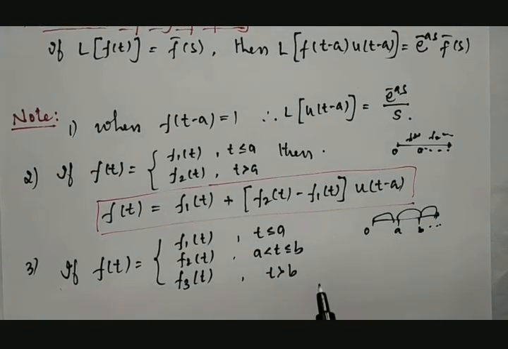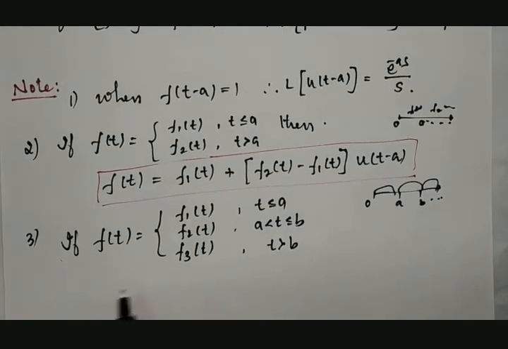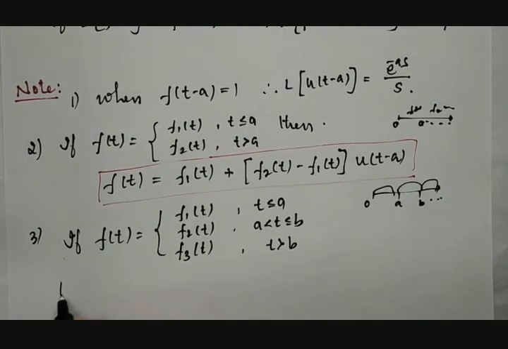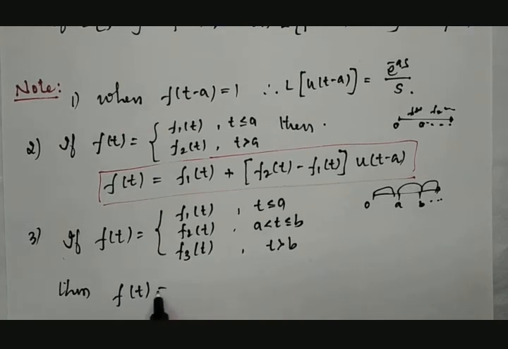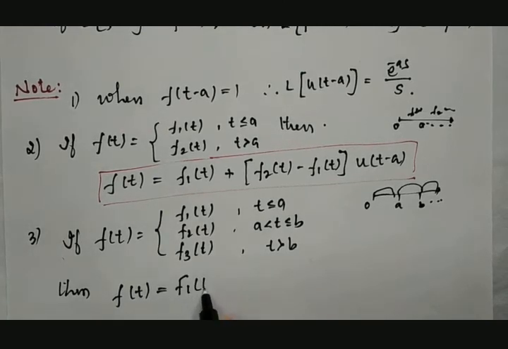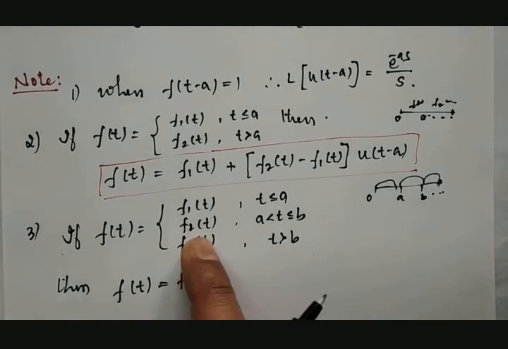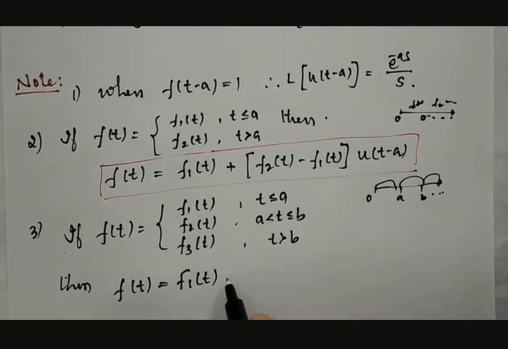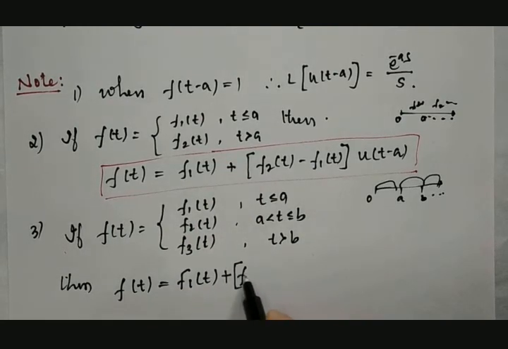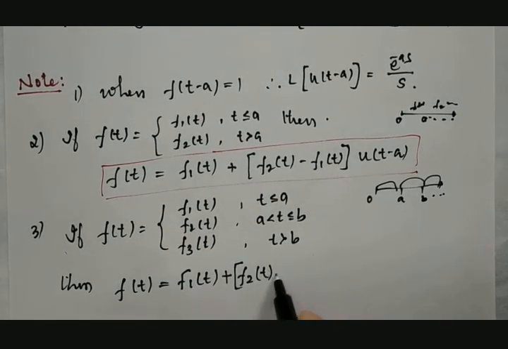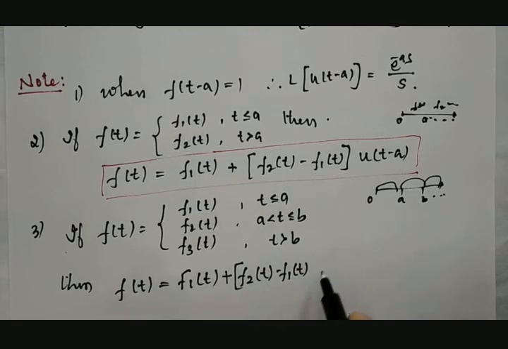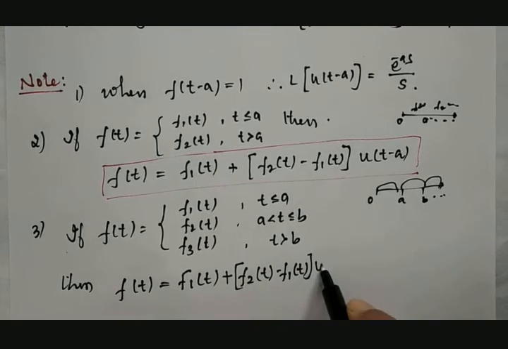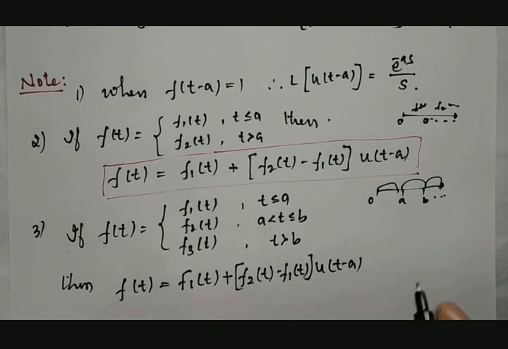Fine. So then what will be the simplification for this? f of t is equal to the first function as usual. If I remove the third, it will be the same as the previous one. So like that only I need to write. Then second function minus first function into u of t minus a.